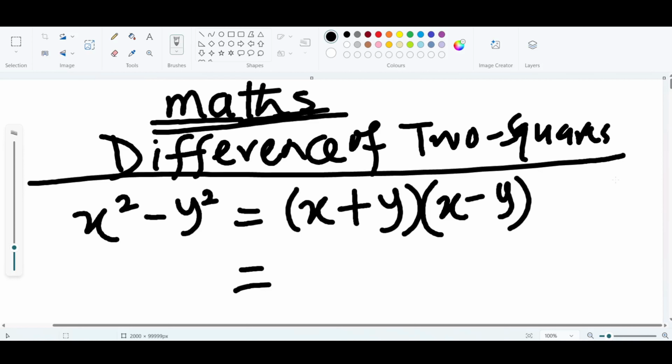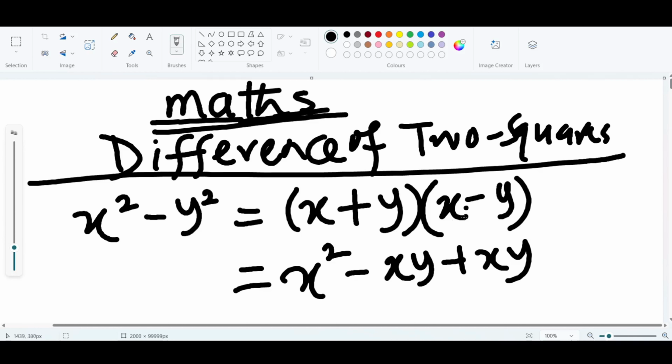x times x is going to be x squared. Then x times minus y is going to be minus xy. Then y times x will be plus xy. Then y times minus y will be minus y squared.